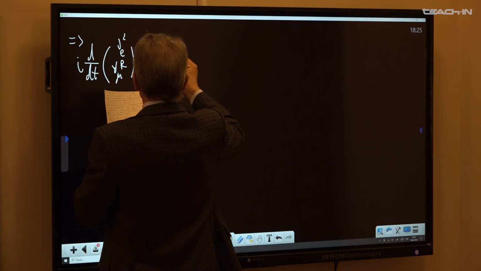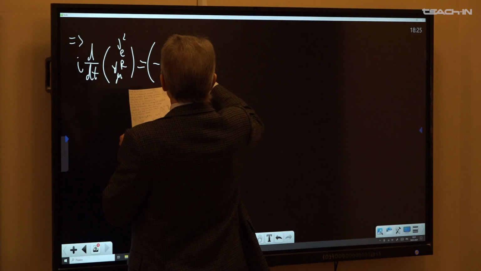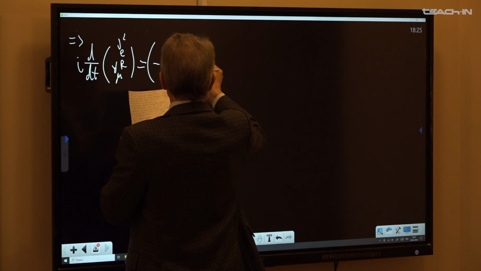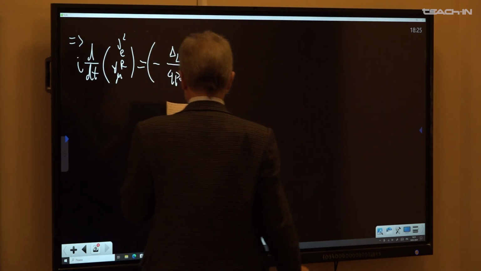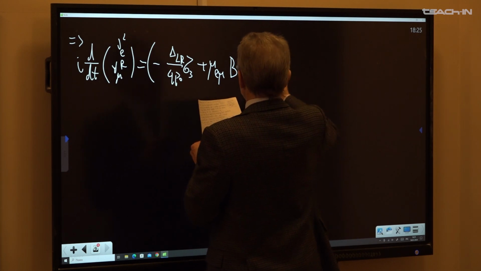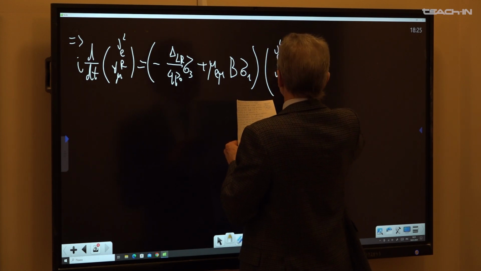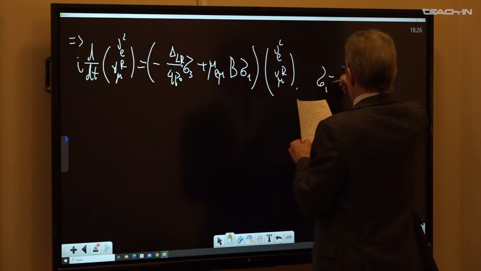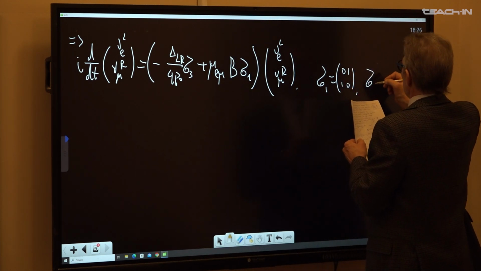We introduce sigma matrices: minus delta LR divided by 4 neutrino energy, sigma 3, plus the effective magnetic moment in flavor basis multiplied by the strength of the magnetic field, sigma 1. I just recall that sigma 1 is off diagonal and sigma 3 is diagonal with the sum minus. Okay?